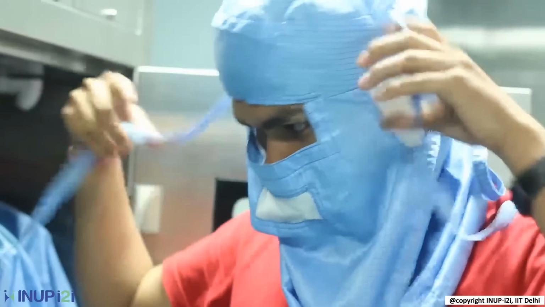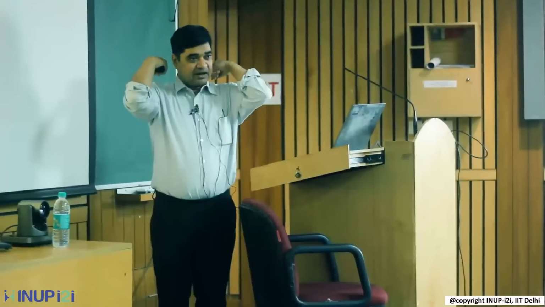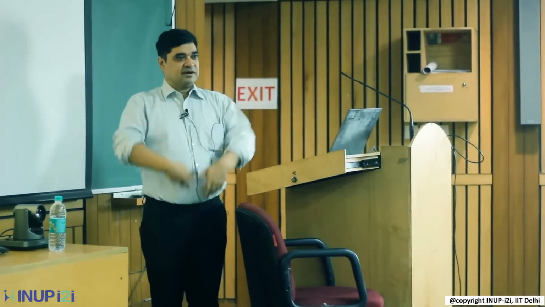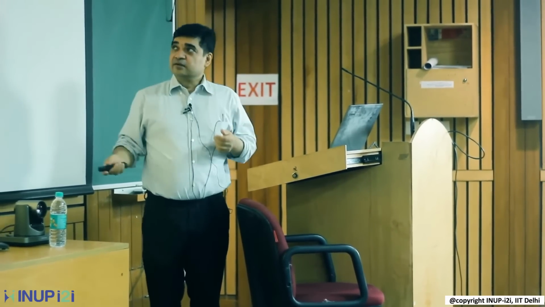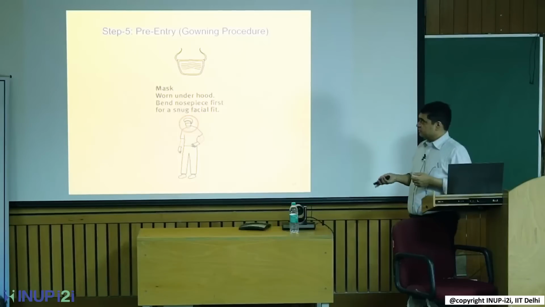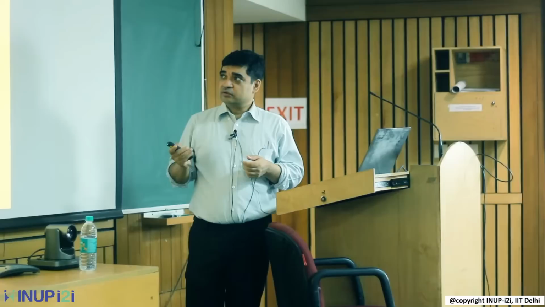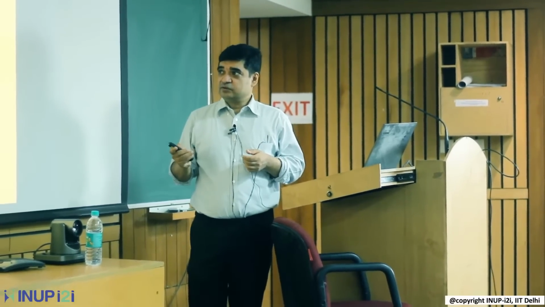Suppose I wear a coverall and then I wear my hairnet, what has happened? All that dust is falling on my coverall. And then we wear a mask, and then this hood, right. Boot covers go inside the suit.